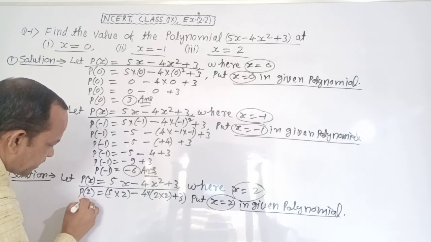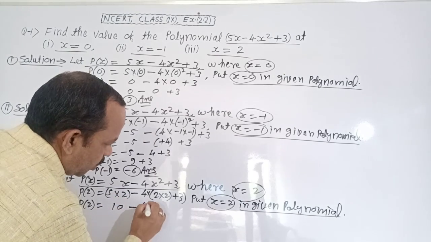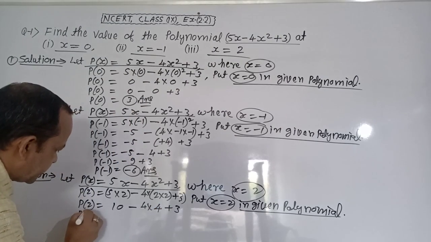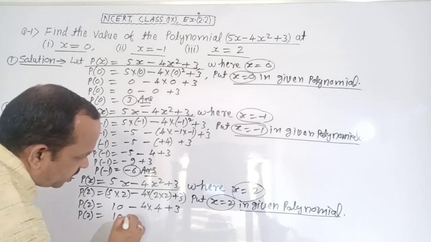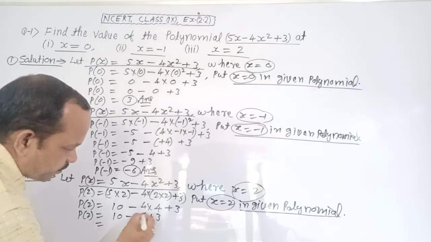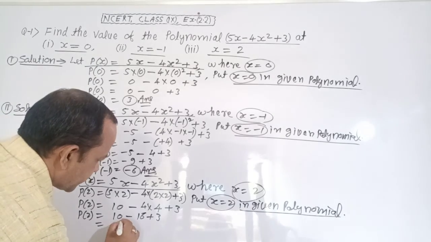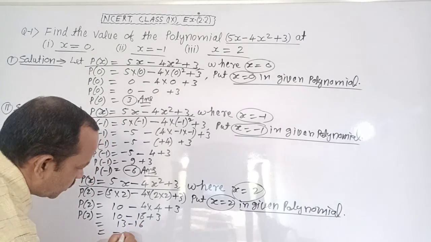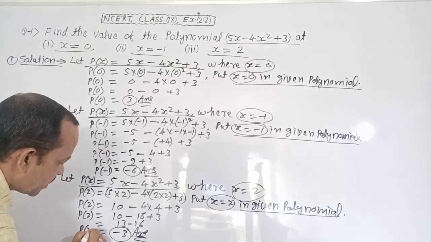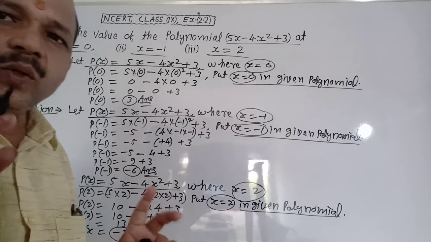Now you can write P(2) equals 10 minus 16 plus 3. 10 plus 3 is 13, minus 16 equals minus 3. Answer. Your answer is minus 3. P(2) equals minus 3 is your answer. You find your answer very easily.